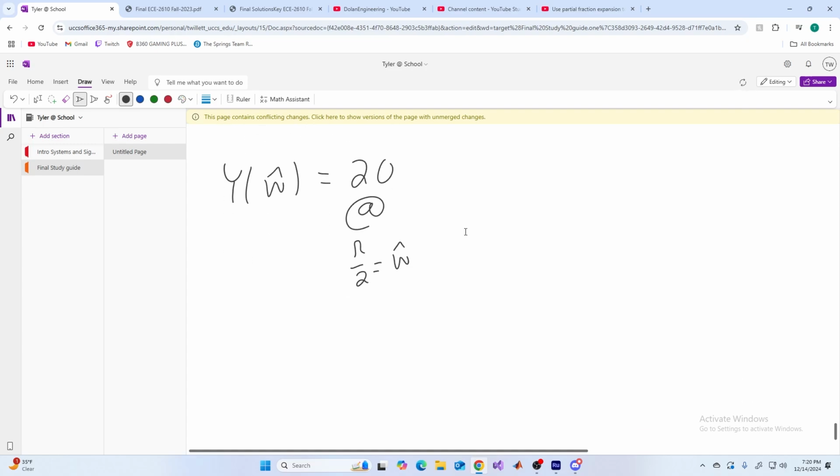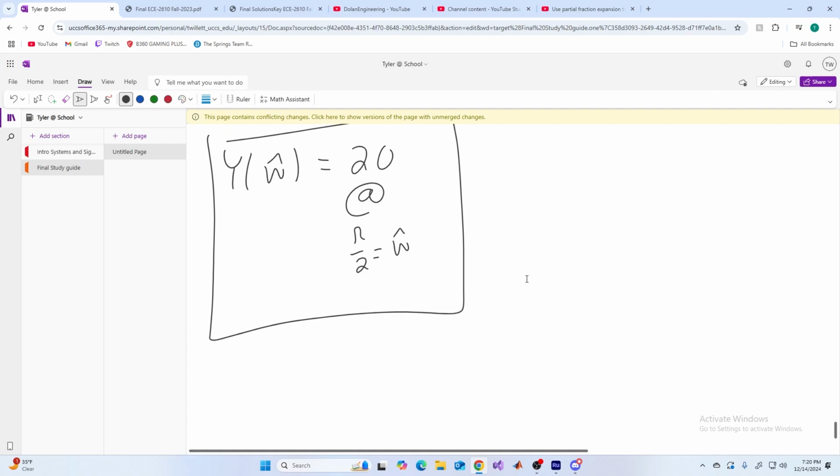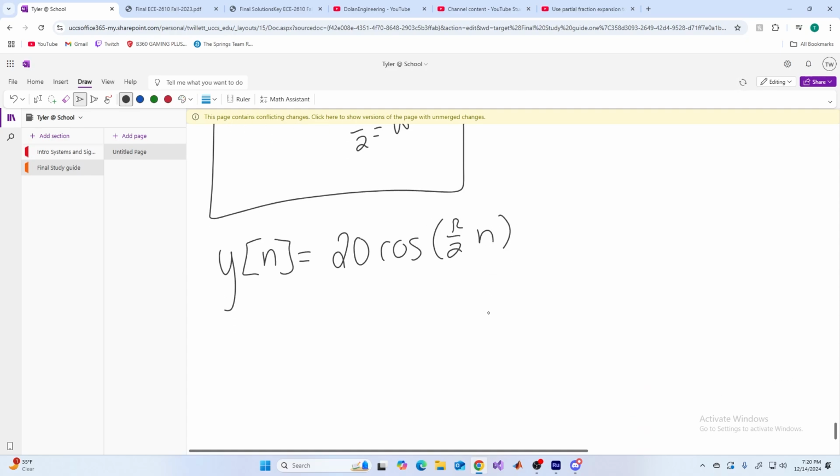Now, this is step B. Step C is now to just convert this into y sub t. Well, we can convert this into y of n, which will be 20 cosine pi over 2 n, and there's no phase associated with it. To get y sub t, cosine.